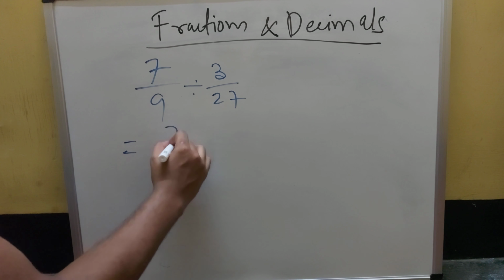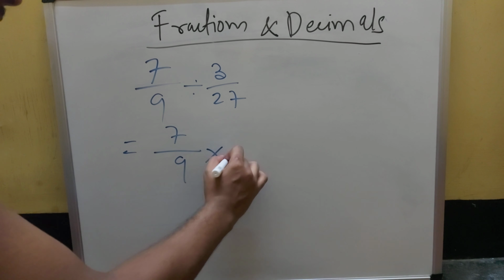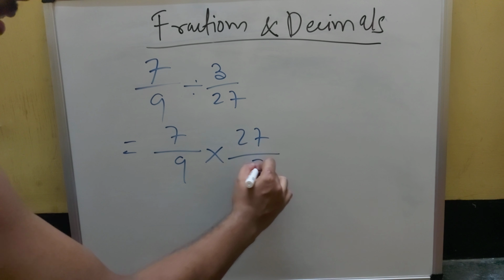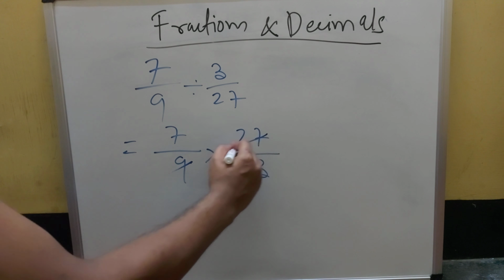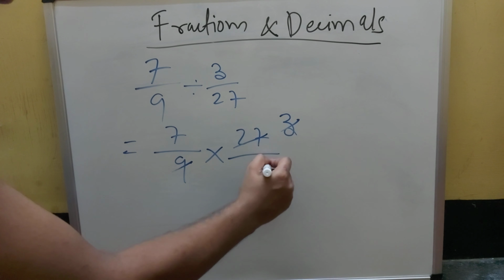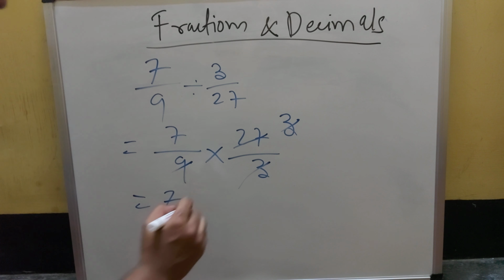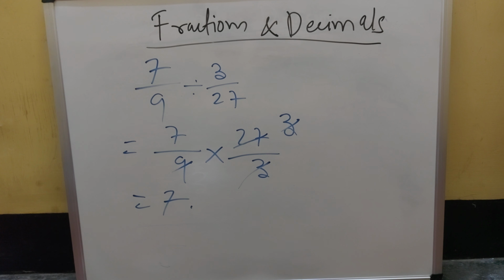Look, 7 by 9 into, we can write 27 by 3. So 9 ones are 9, 9 threes are 27, 3 will cancel out. Answer is 7. Am I clear? Hope this is clear to you. Okay, go through this. If you have any doubt, just ask me.